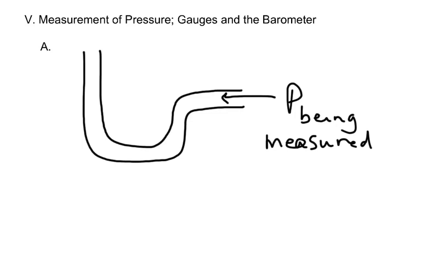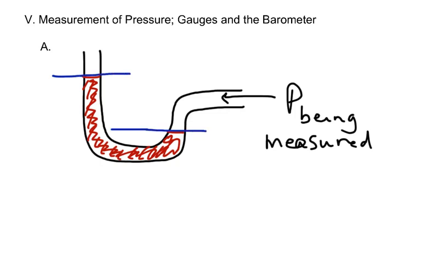And what ends up happening is you have some sort of differential in height of a liquid inside the U-tube or the barometer. So this liquid pushes up more on the left side, and because we know pressure increases with depth, all we need to do is measure this difference in height from the left side of the tube to the right side of the tube, and we get a delta H value.